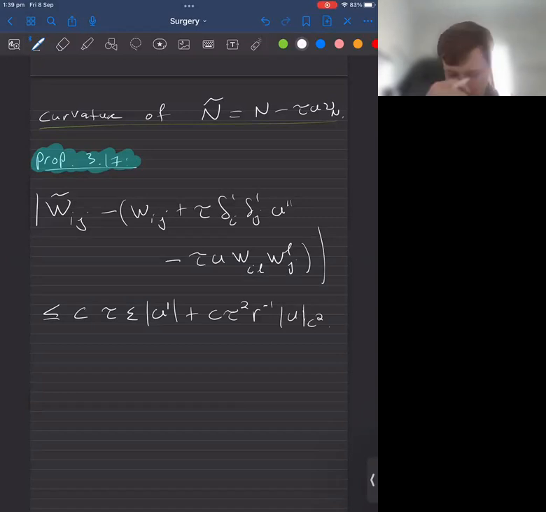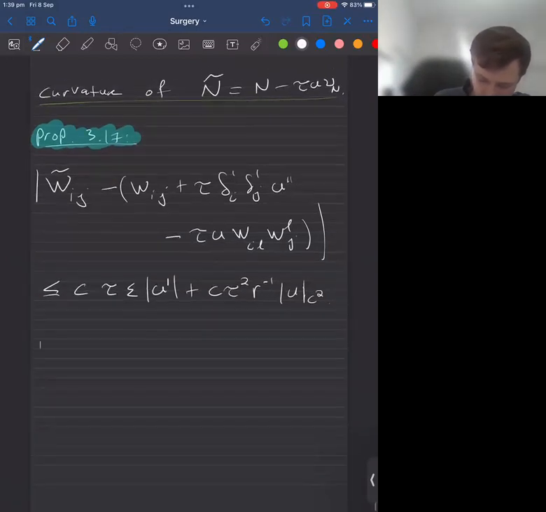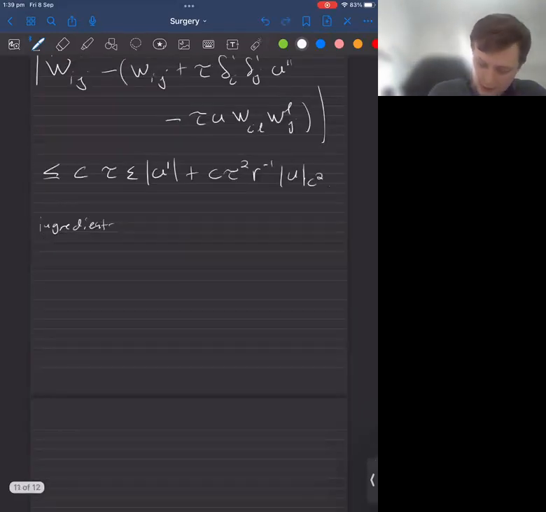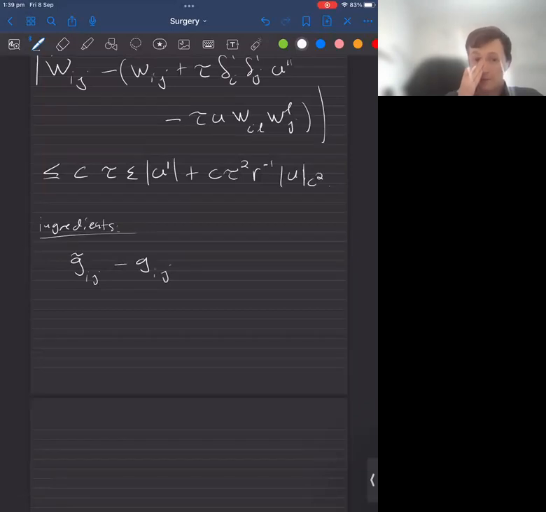Okay, so the proof ingredients, and I won't go into too much detail. First you want to estimate the metrics in relation to each other, or more specifically, you want to estimate this quantity.